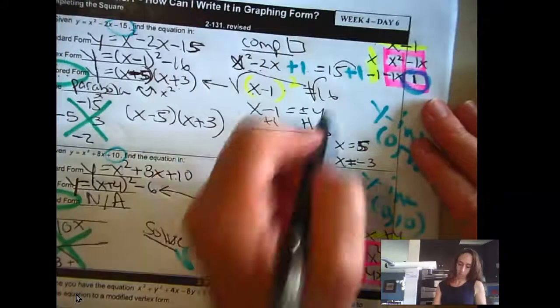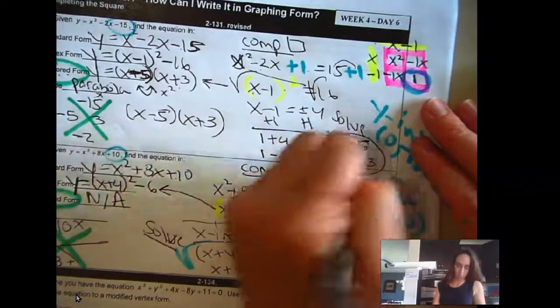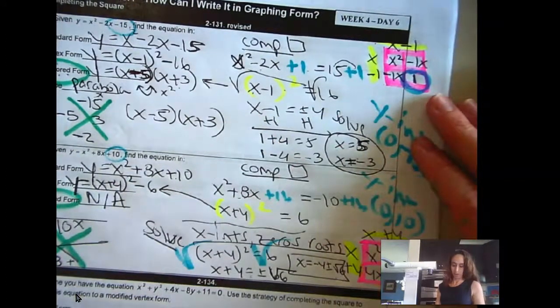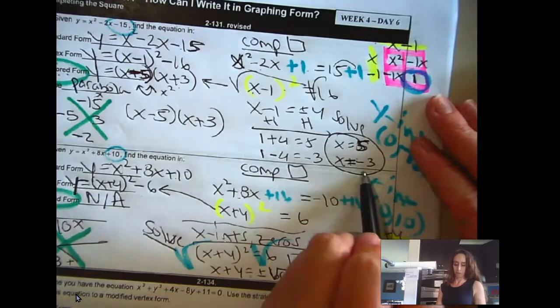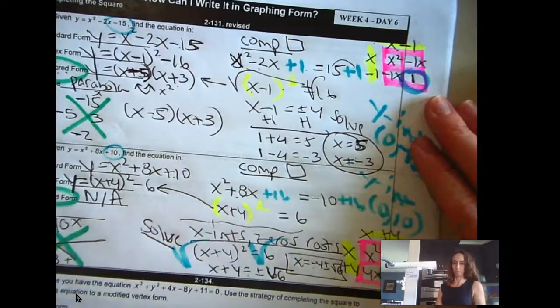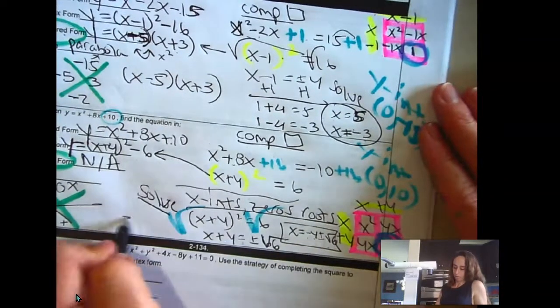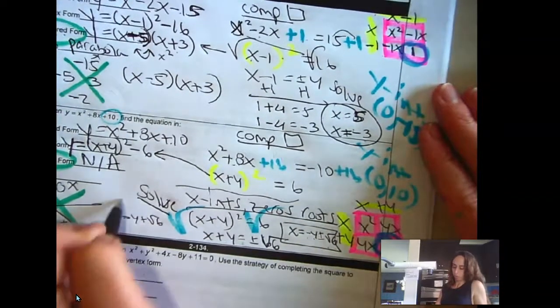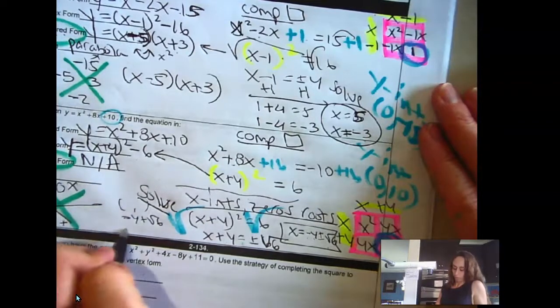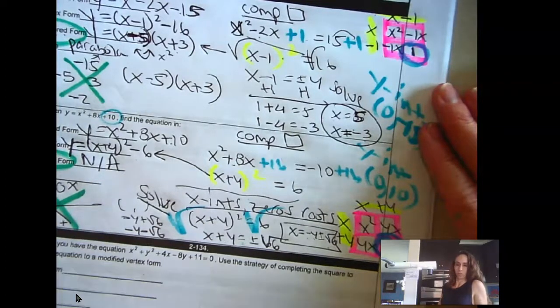If I'm asking you to find the x-intercepts, (5, 0) and (-3, 0). If I'm asking you to find your x-intercepts here, it's negative 4 plus the square root of 6, which is a decimal, 0, and negative 4 minus the square root of 6, which is a decimal, 0.